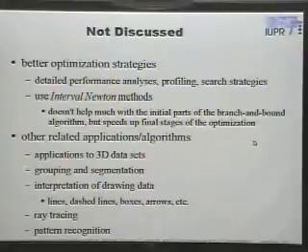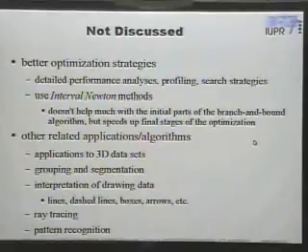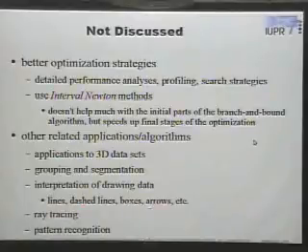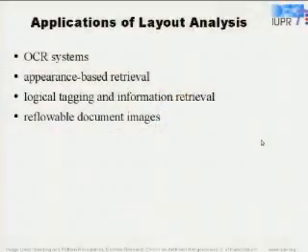So there are some applications to 3D data sets we're working on now, incorporation of grouping and segmentation, interpretation of line drawings, so maps and that sort of thing. So you can use this for finding lines, dashed lines, boxes, arrows, etc. in document images or in drawings. There are actually applications to ray tracing and applications to pattern recognition.